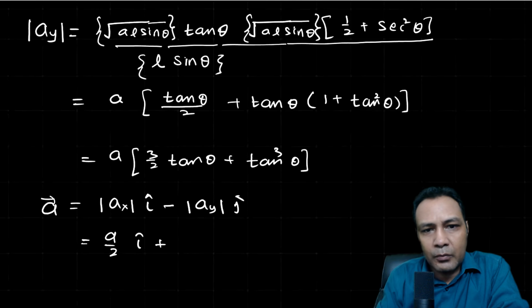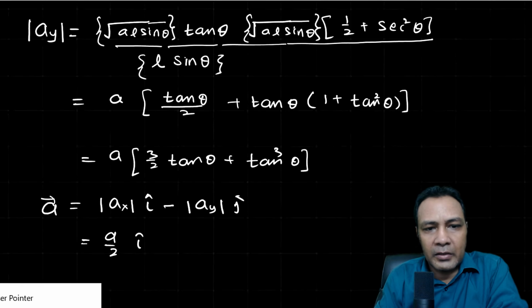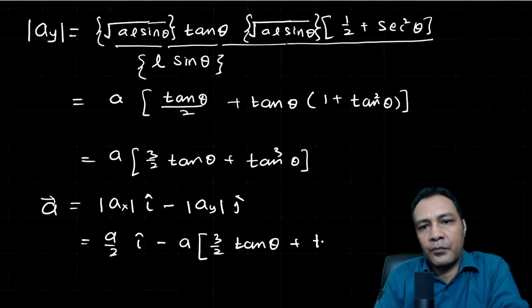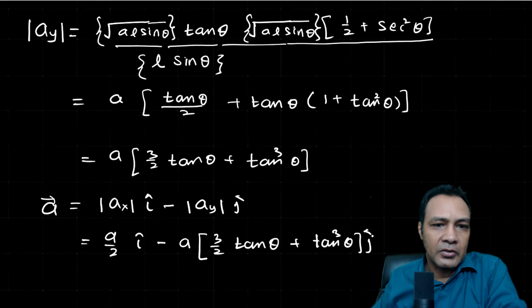So put minus here, and that is minus A times 3 by 2 tan theta plus tan cube theta, j cap. So that is our final answer.